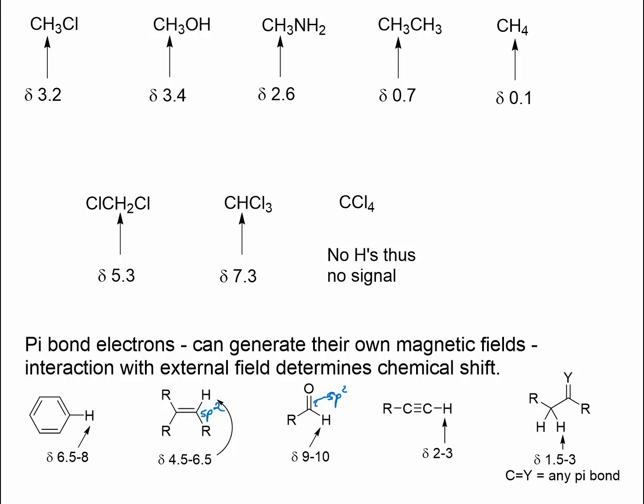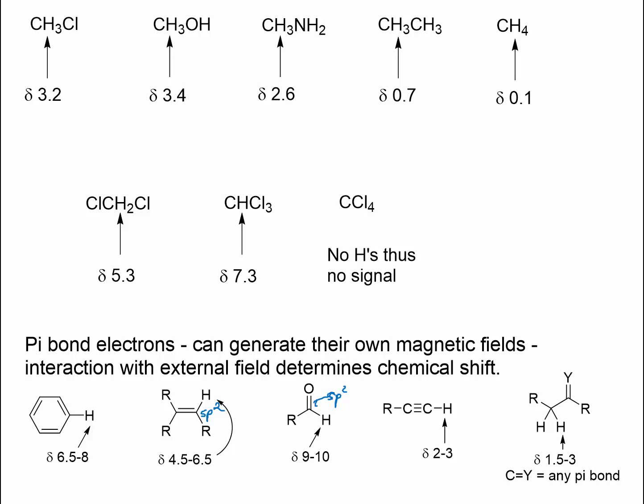All right, and finally, this hydrogen is attached to sp3 carbon technically, but there's an sp2 carbon adjacent to it, and what we see here is that the chemical shift is affected a little bit, not quite like it is here, but we see it's a little bit higher than it is in a comparable system here where the carbon is attached to an sp3 carbon.